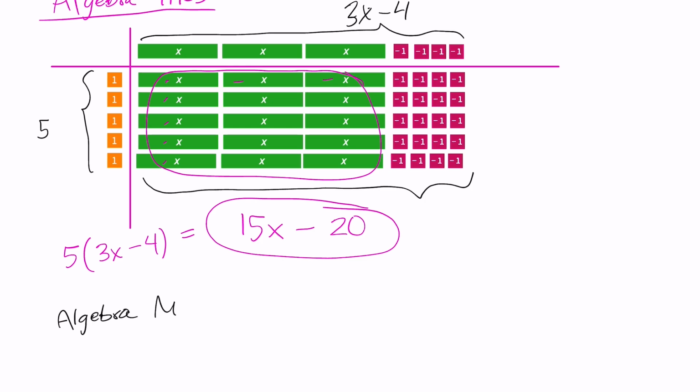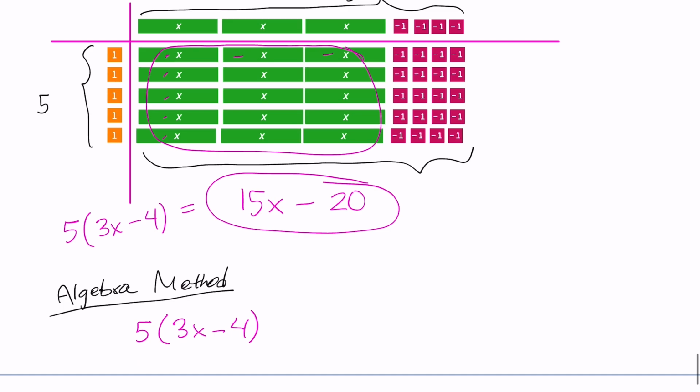Algebra method, or just using algebra, which is 5 times 3x minus 4. Again, regardless of whether you use the tiles or the algebra method, I'm going to ask you to draw a rectangle. So it's going to be 5 here, and then this is going to be 3x minus 4.